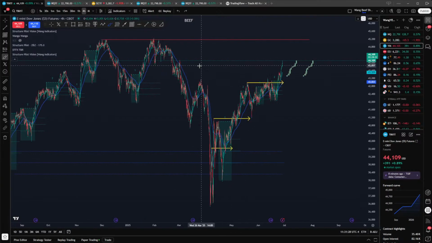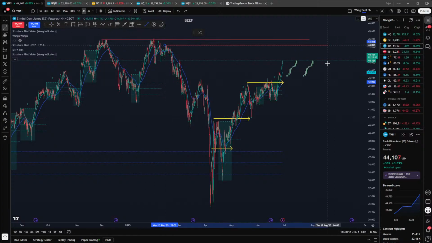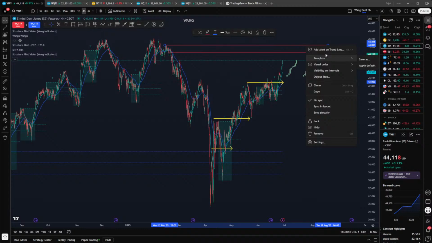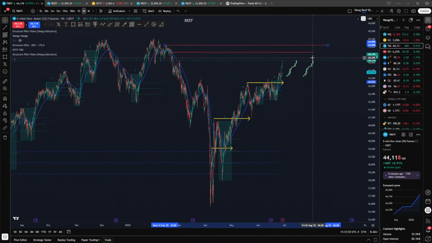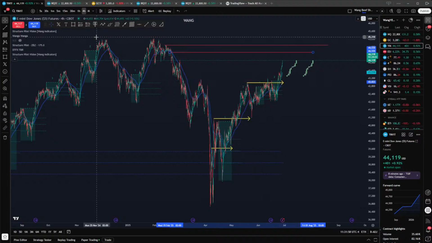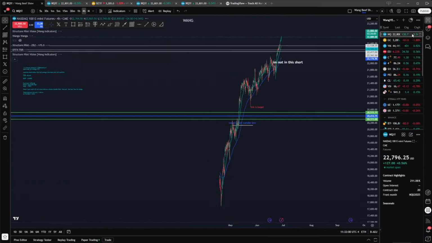Let's see if price, there's a sweep here, and let's see if price comes up into this, like here or there. Just put an alert. That's it. All right, back to NQ.